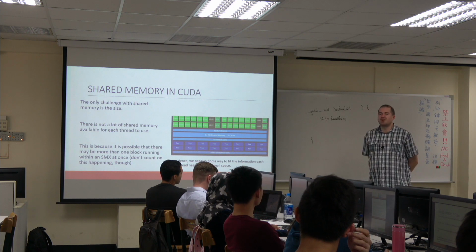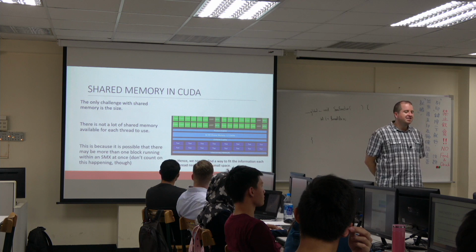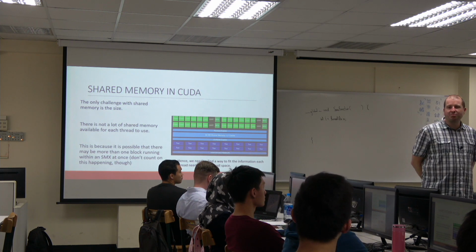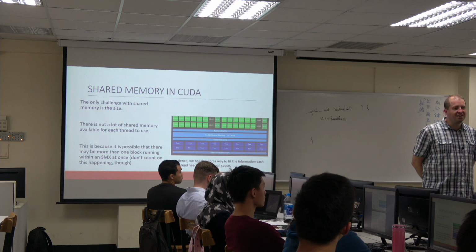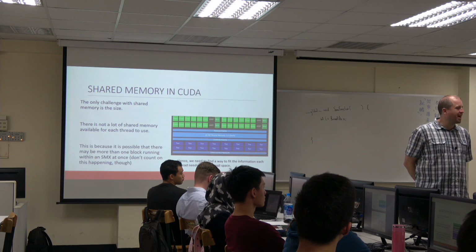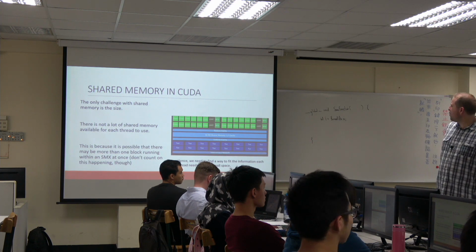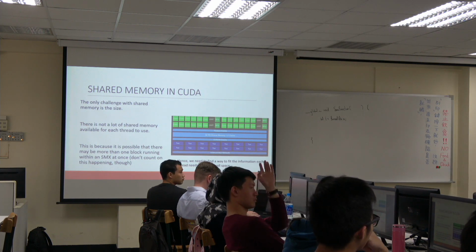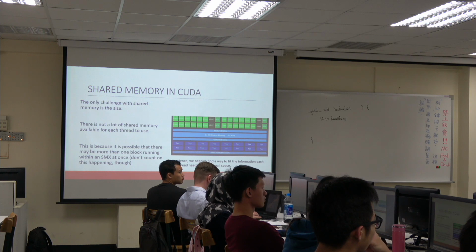The only problem is the size. Obviously the best thing to do would be to copy all of the data from global memory into shared memory, do all the calculations and send it back. But you only have 64 KB of shared memory. That's a pain in the neck because that 64 KB is for the entire streaming multiprocessor. Until now, I've been telling you that only one block of threads will execute at once inside an SM.